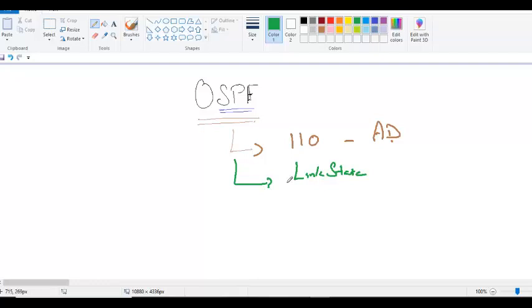Whereas OSPF is a link state routing protocol. Based on the status of the link, the cost is auto-calculated.